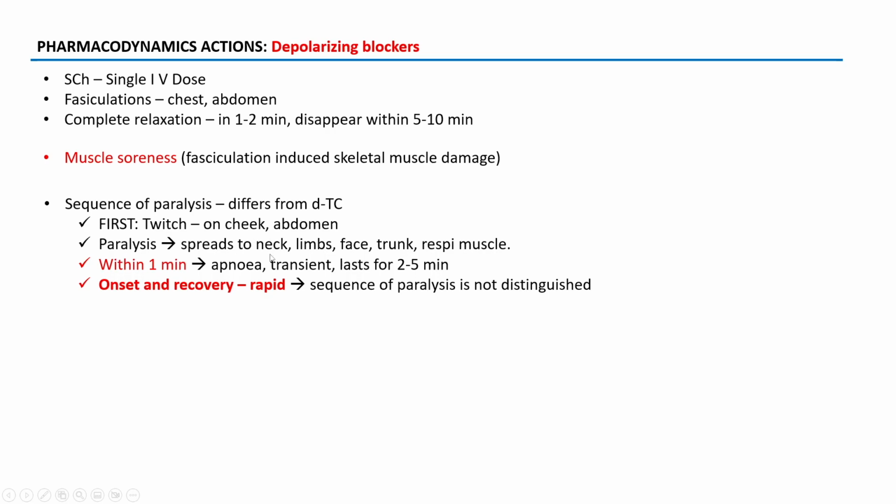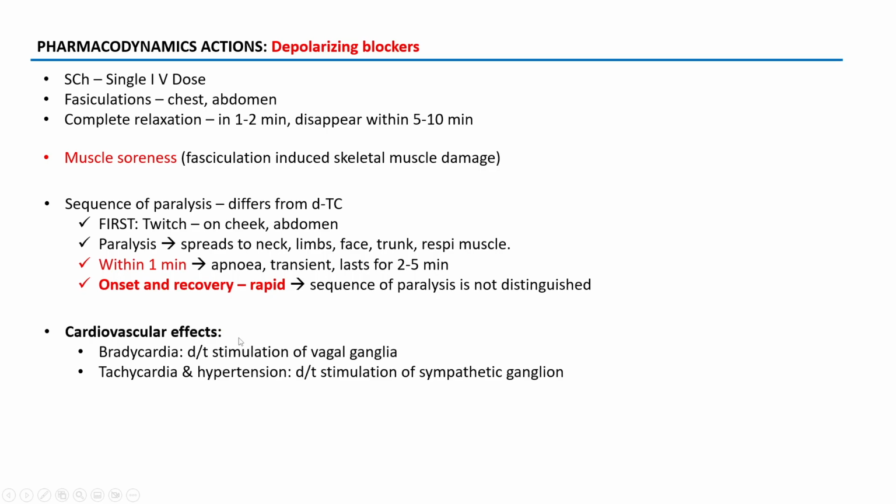Paralysis will spread to the neck, limbs, face, trunk and respiratory muscles, and within 1 minute there will be development of apnea, and the apnea is transient and will last for only 2 to 5 minutes because of the rapid metabolism by the plasma cholinesterases. So onset and recovery will be very rapid, and the sequence of paralysis is not distinguished. The onset and recovery are rapid mainly due to the rapid metabolism by the plasma cholinesterases.